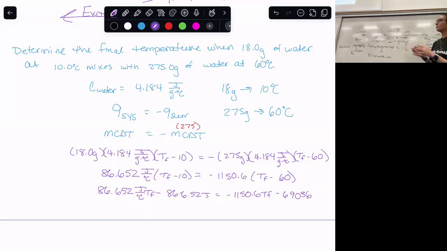And then you can move one to the other, right? You have a negative T final, so you can move that to make it positive.